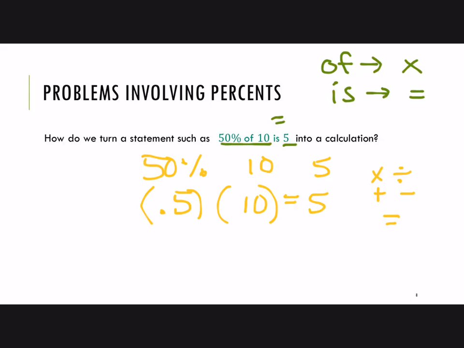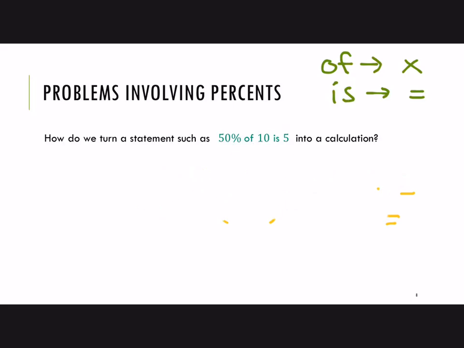All right, another option. Maybe you learned proportions rather than equations. So there are other ways to write something like 0.5 times 10 equals 5. All right. You may notice that 50%, if you write that as a fraction, that's 50 over 100.